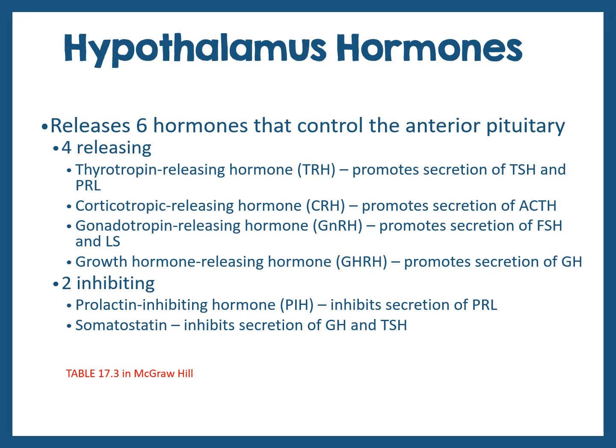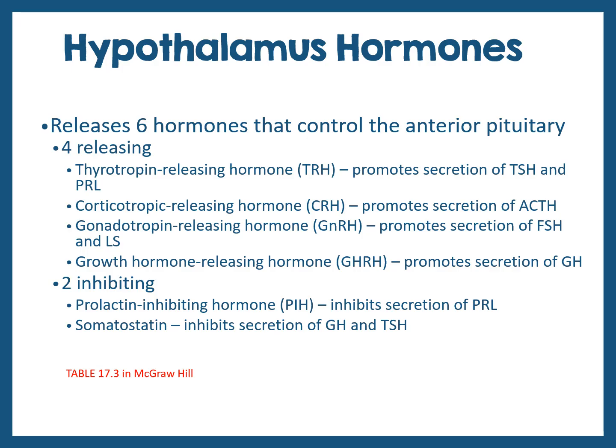The hypothalamus is going to secrete 6 hormones that can regulate or control the anterior pituitary. 4 of those hormones are releasing hormones, and 2 of those hormones are inhibiting hormones.